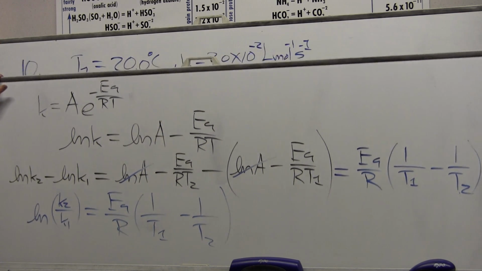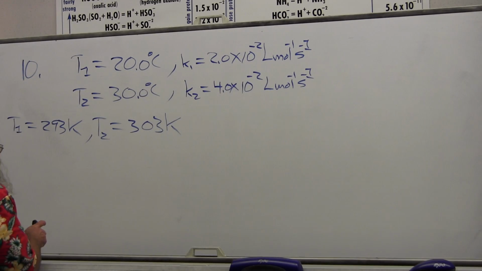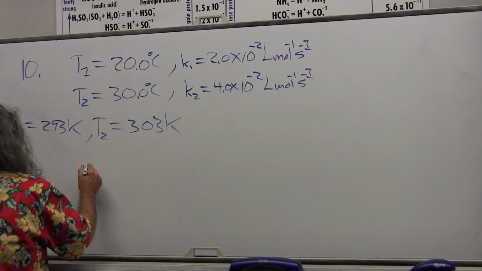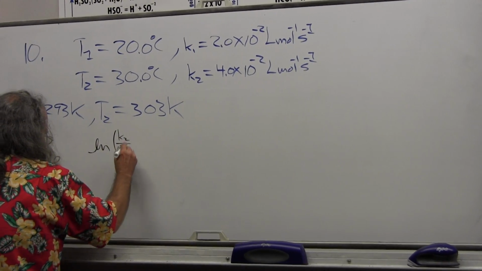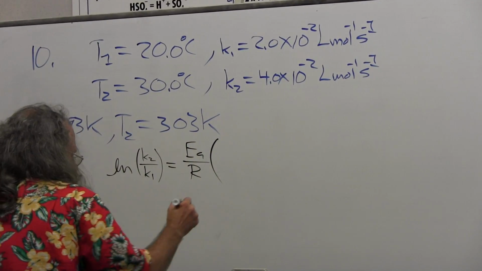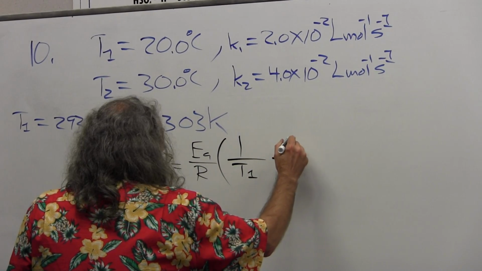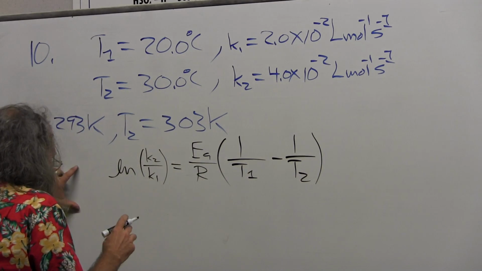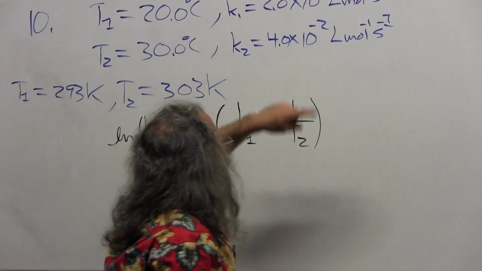Okay, having armed ourselves with that scratch paper, now I'm going to start. The natural log of k2 over k1 is equal to Ea over R times 1 over T1 minus 1 over T2, and then I can substitute in the actual numbers.